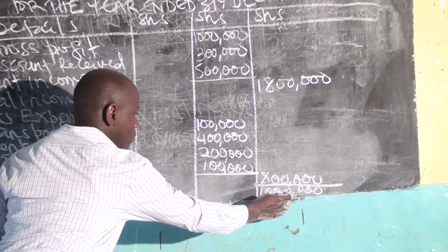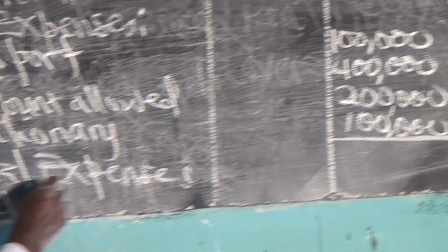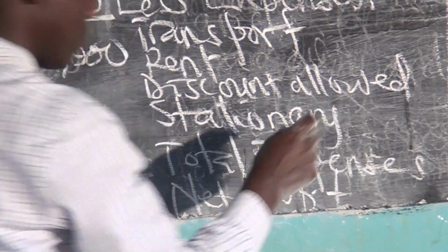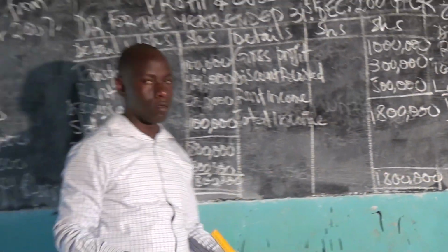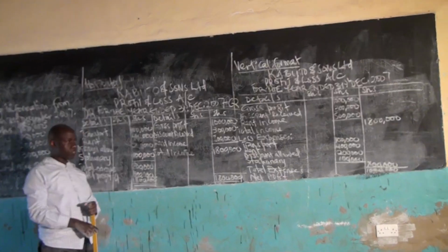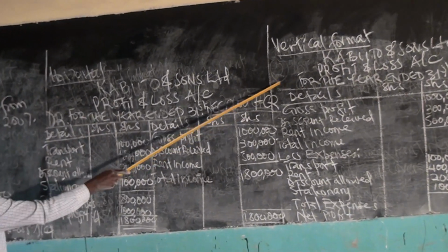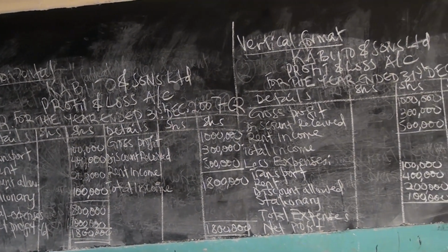That 1 million is what we call the net profit. And that's what we call the profit and loss account, using both horizontal and vertical formats.